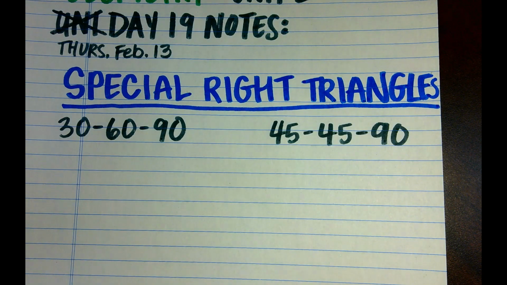Now these numbers are referring to the measure of the angles that make up the triangle. So we will draw a picture for both here in a minute. While we're getting our notes out and ready, let me grab my guide.